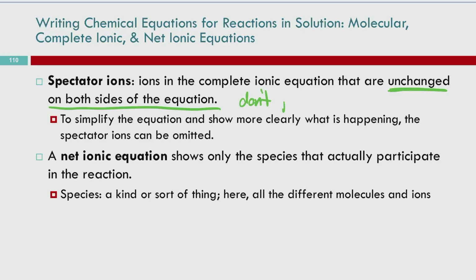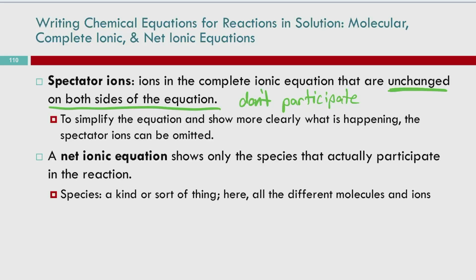Spectator ions don't participate. And so we can remove spectator ions from our ionic equation, our complete ionic equation, to get a net ionic equation. So this is like after your taxes get taken out, you get your net pay.